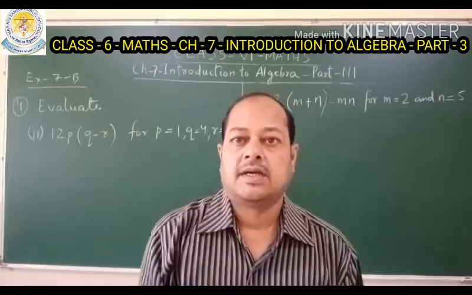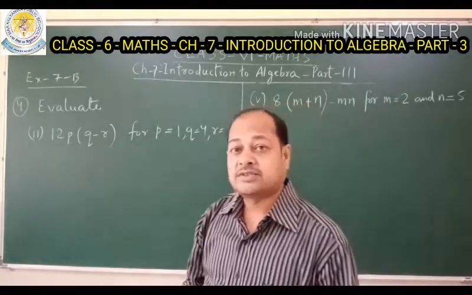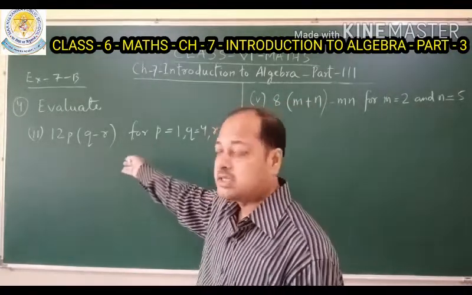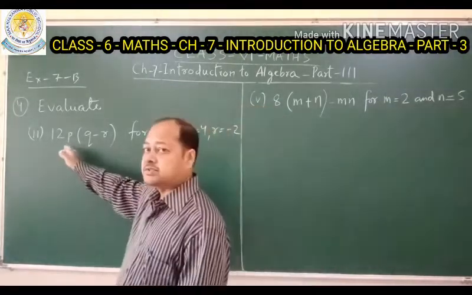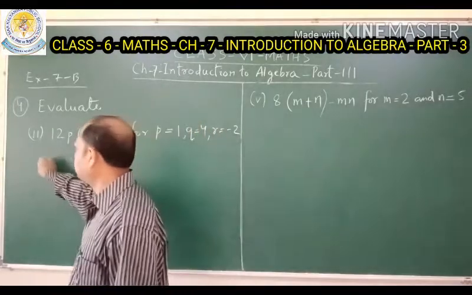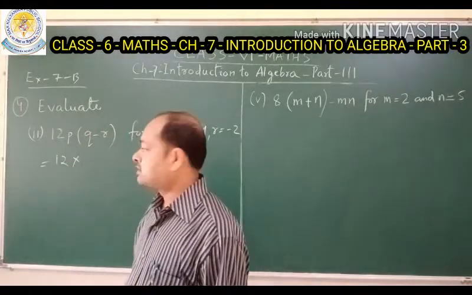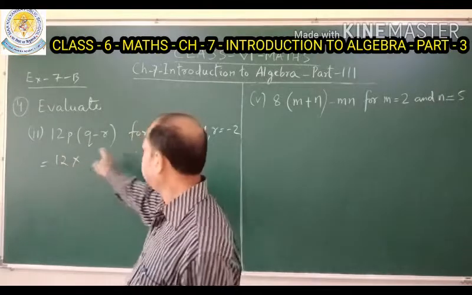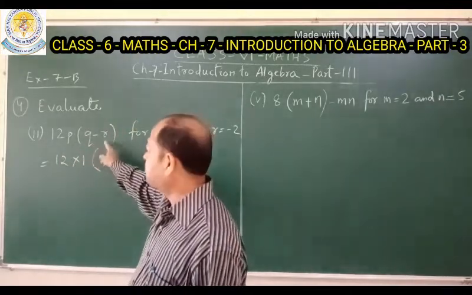Okay. Now students, we are going to solve question number 4. Question number 4 says evaluate. What to evaluate? The following expression using the values p, q, r which are given, and this expression is 12p into q minus r. So here put the values of p, q, r. First term is 12p. So 12p means 12 into p. The p value is 1. Put the value of 1. Then into bracket q minus r.